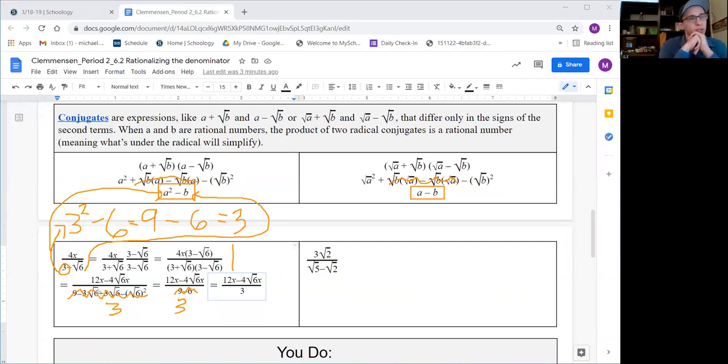Now I'll give one warning, is that notice how I said you have to get to this point first. A lot of people will try and use this trick and just rewrite the denominator as 3 without having written the numerator properly. All right, make sure that you're multiplying top and bottom by that missing part, rewriting, and then you can use that trick of finding the denominator being 3.